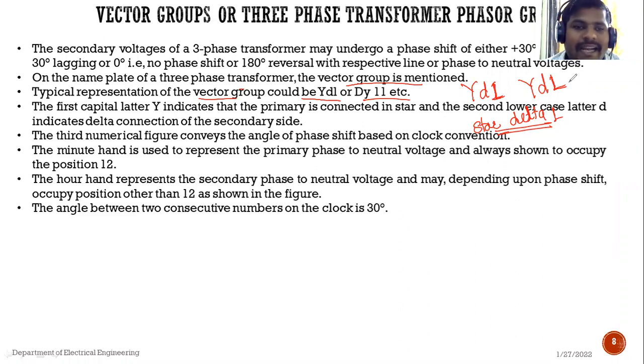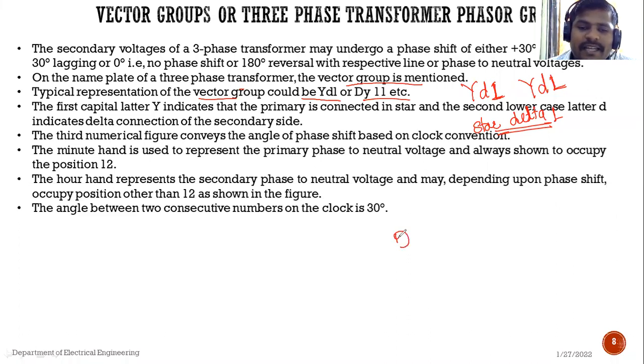Okay, star delta 1. बघा, पहिलं कॅपिटल लेटर आहे. What is the meaning of that? Meaning of that first capital letter, that is Y, indicates that the primary winding is connected in star, right? बरोबर ना?